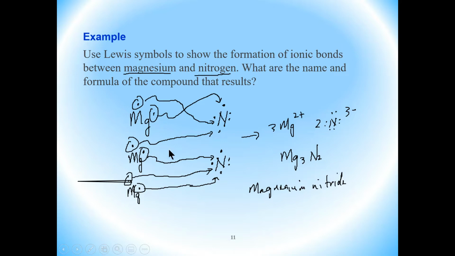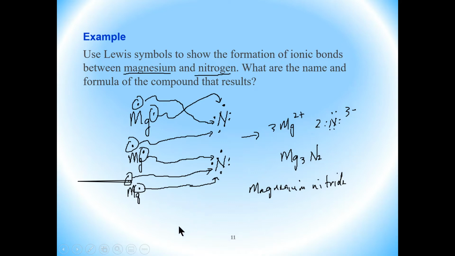Now, in order for this to be successful, you're going to need 3 magnesium atoms and 2 nitrogen atoms, because the total number of electrons being transferred will be 6. So these 2 electrons will be transferred to this nitrogen atom, 1 electron will be transferred to this nitrogen atom, 1 electron here will be transferred to the other nitrogen atom, and these 2 electrons here will be transferred to the same nitrogen atom here.